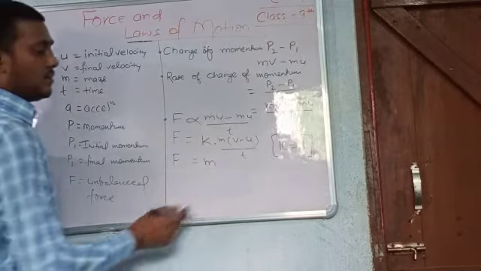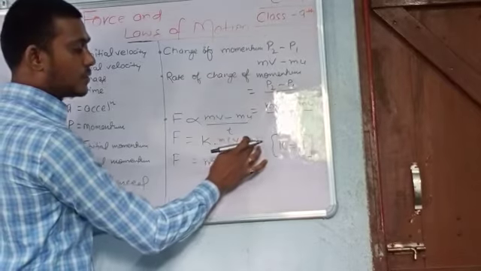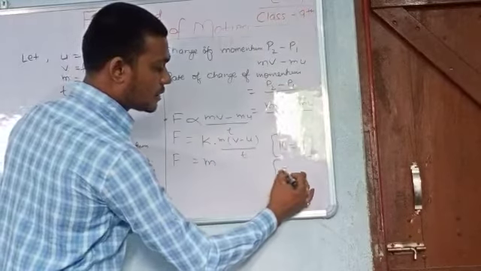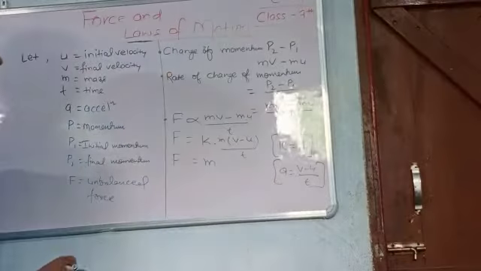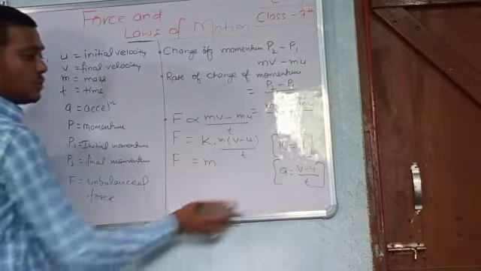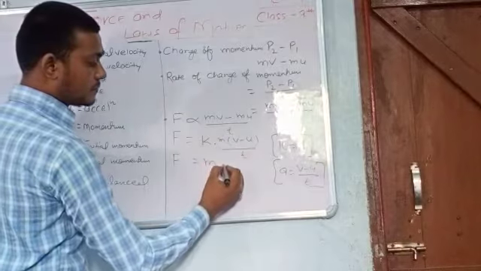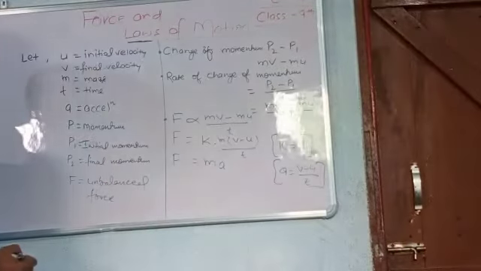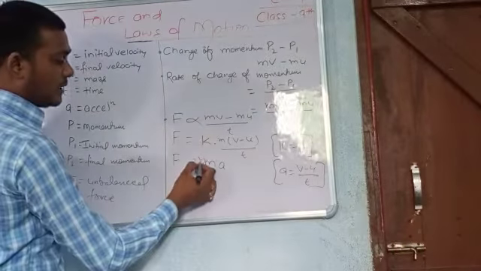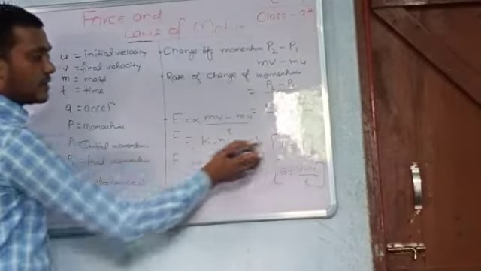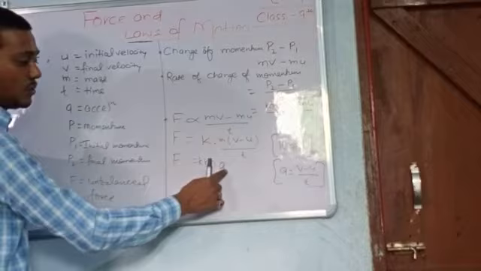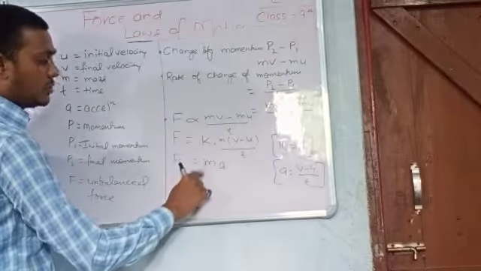We know that v minus u upon t is equal to acceleration. So we use this formula and put acceleration: k into ma, and we take k as 1, so 1 into m into a, which is equal to m into a.